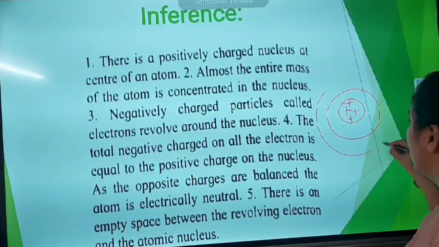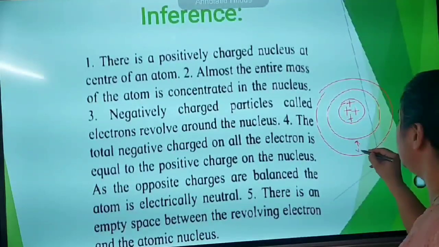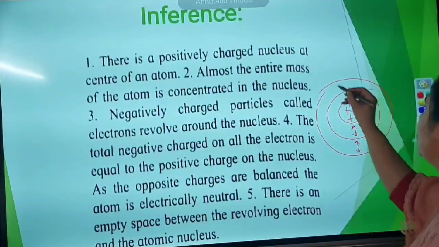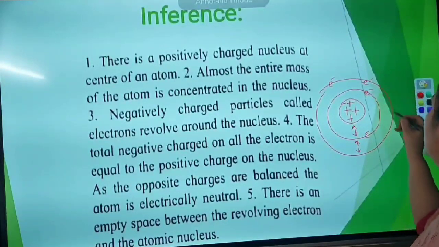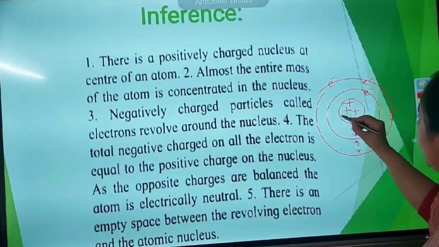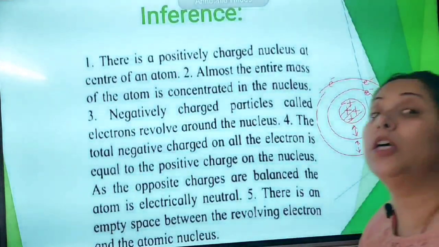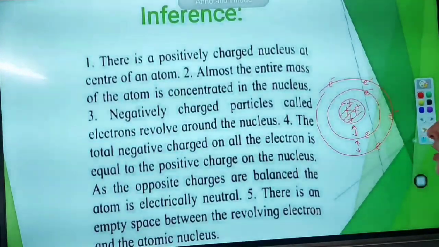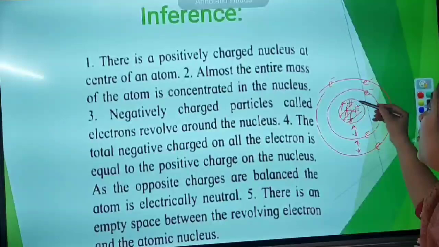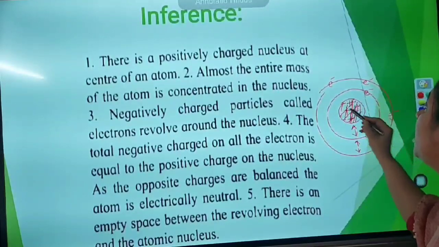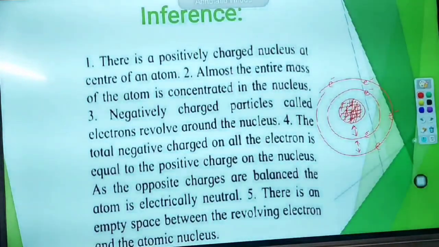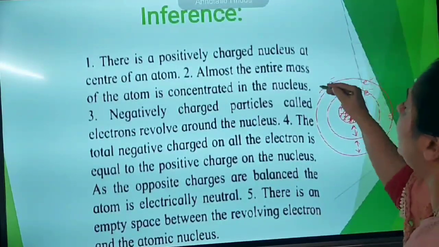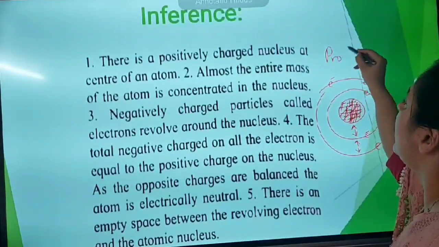So this space is empty. This space is empty. And we have negatively charged electrons moving around the center portion, which is also called the nucleus. And since बीच में ही सारे positively charged हैं, तो सारा mass, सारा वजन सेंटर में है. Alright? And also जितने पॉजिटिव चार्जेस अंदर हैं उतने ही नेगेटिव चार्जेस बाहर हैं.